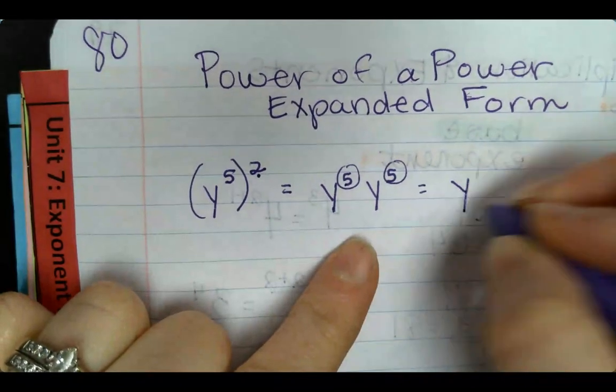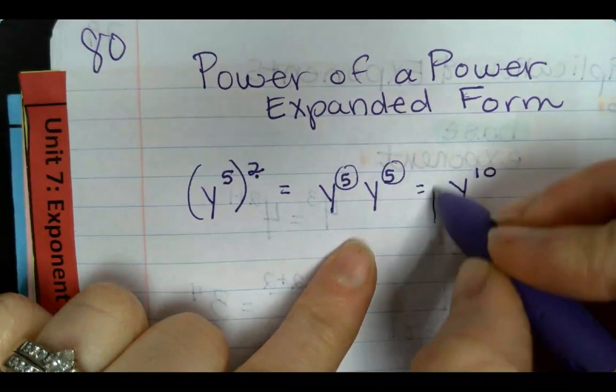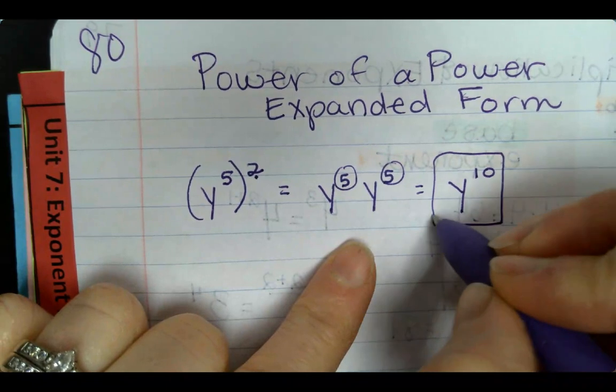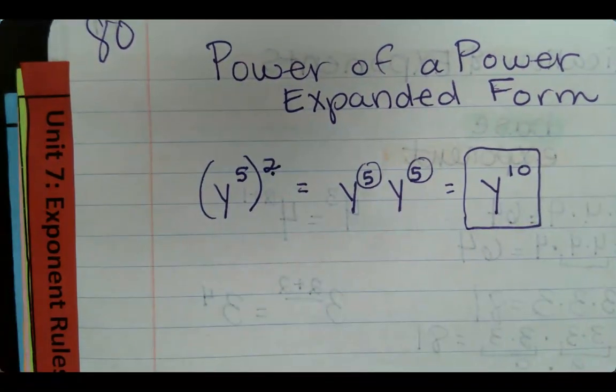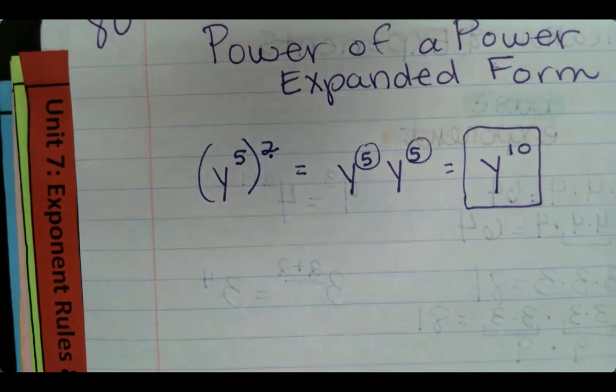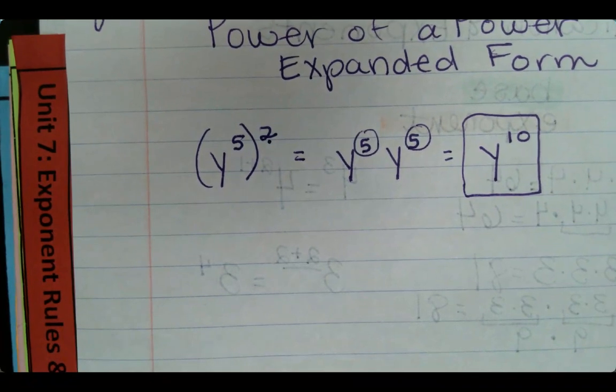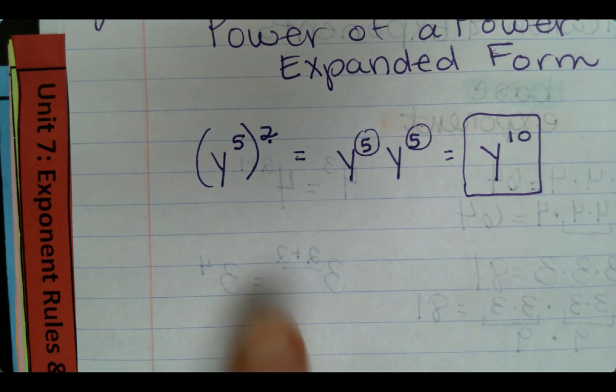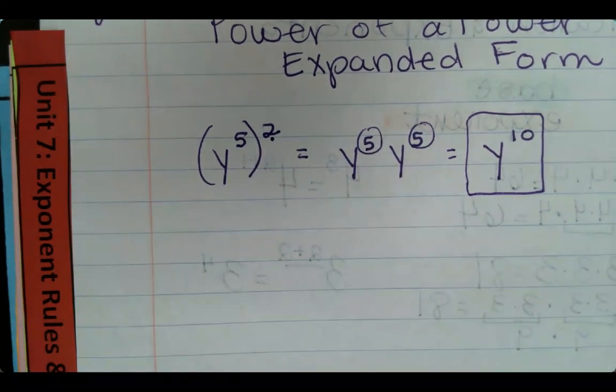So this is going to be y to the 10th power. That's the extent of it. Whatever the exponent is on the outside of the parentheses, you're going to expand whatever's inside that many times.